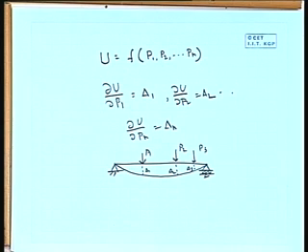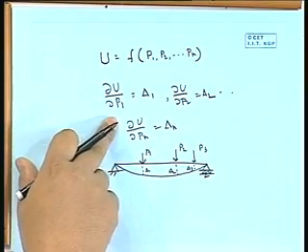So, here I have just drawn an arbitrary beam subjected to P1, P2, P3. The reactions can be evaluated in terms of P1, P2, P3, so the moment expression you can find out in terms of P1, P2, P3. If the moment is in terms of P1, P2, P3, ultimately your energy will be a function of P1, P2, P3. Now, if you take the derivative of U with respect to P1, you will get delta 1.